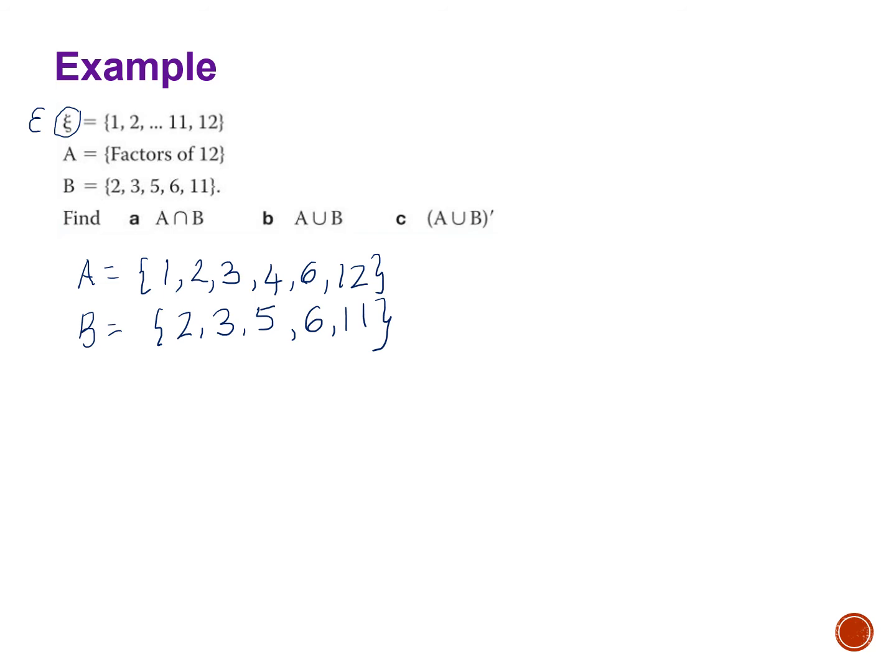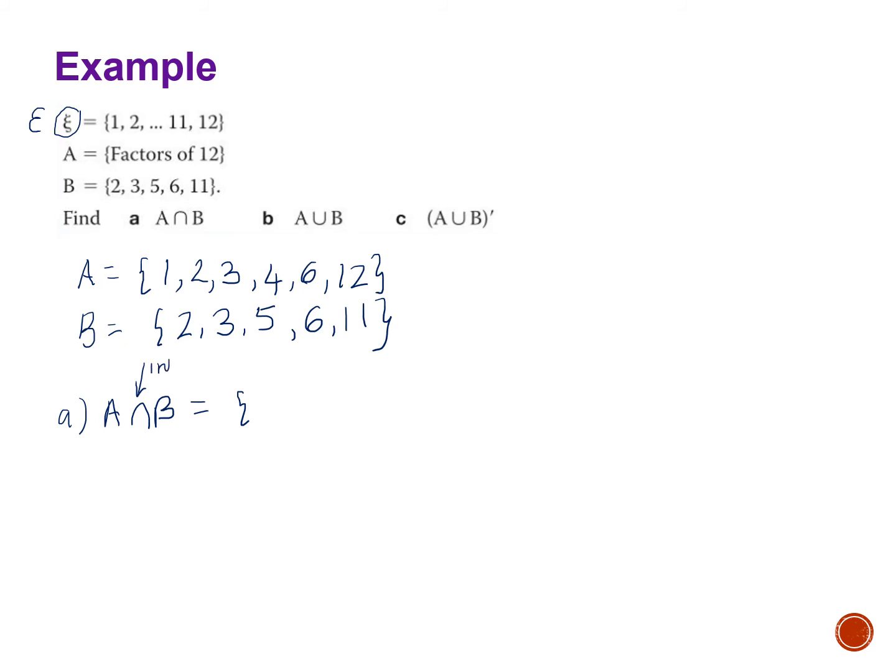Now the question doesn't ask me to draw a Venn diagram. I can if I want to help me work out the question here, or you can do it without. If the question doesn't ask you to do a Venn diagram, then you don't have to if you can do it without. Do you remember what that notation meant? It's not a U, it's the other one.